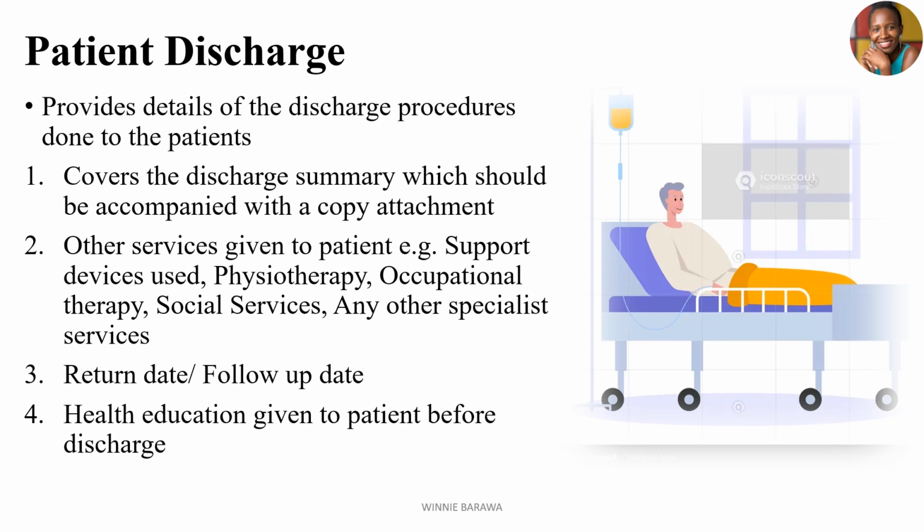Then you want to bring in the immediate management that was done to our patient upon admission, then the subsequent management that was done to this patient all the way to the discharge level, where we are now talking about the patient discharge that caters for different aspects, including providing the discharge summary, other services given, the return dates, and the health education.